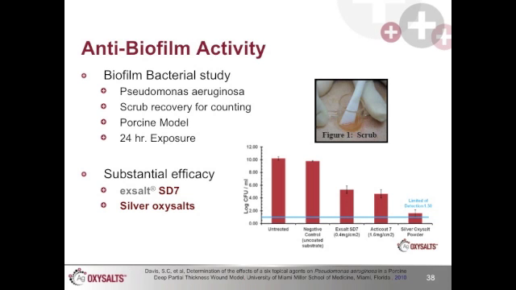Exsalt technology demonstrated anti-biofilm activity on silver wound dressings and the eradication of biofilms with silver oxysalts. Where no swelling or erythema was noted, these initial results were encouraging and further studies are underway.